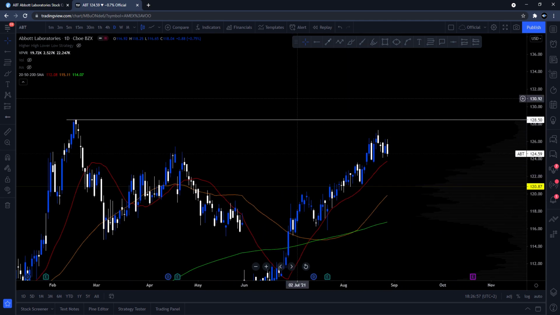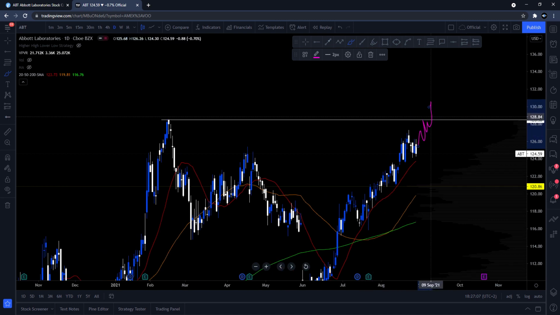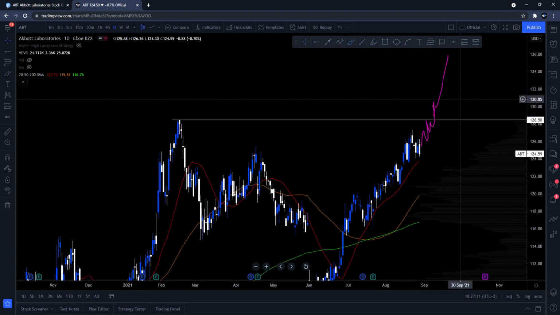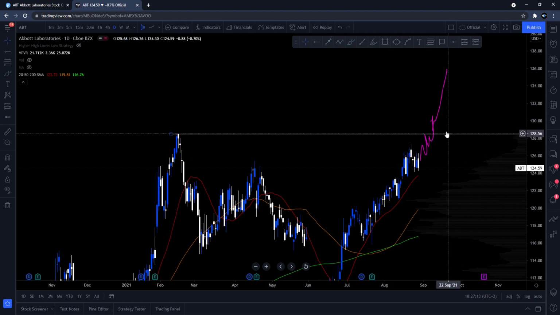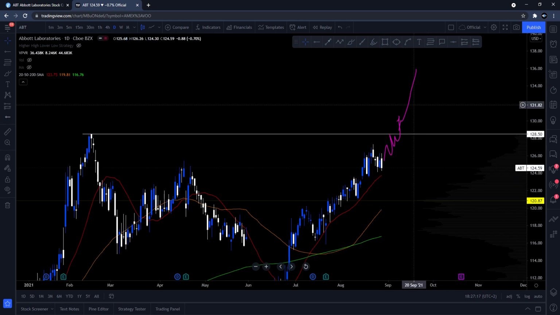Basically, if we surpass this high right here, you know how stocks move: when they surpass it, we are going to have a lot of buying power, which will push the price to the upside. It does not happen every single time, but that's basically what happens most of the time.